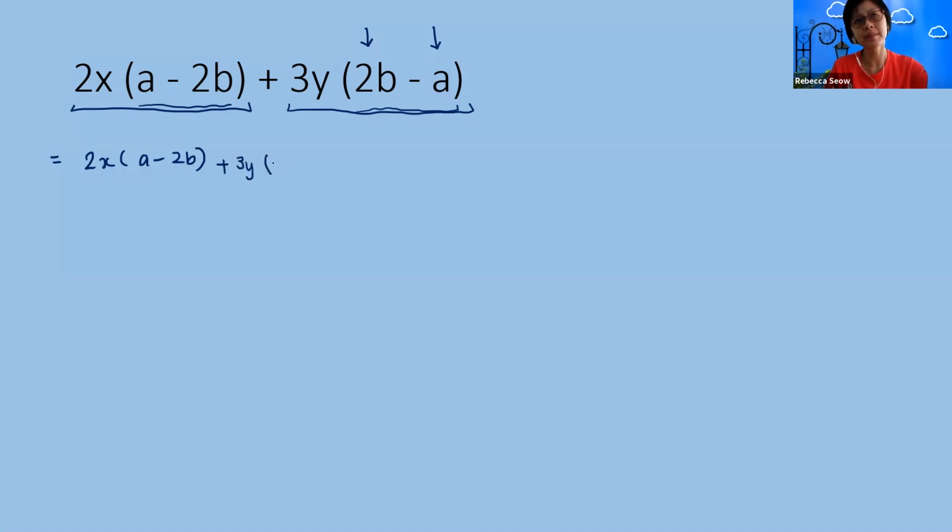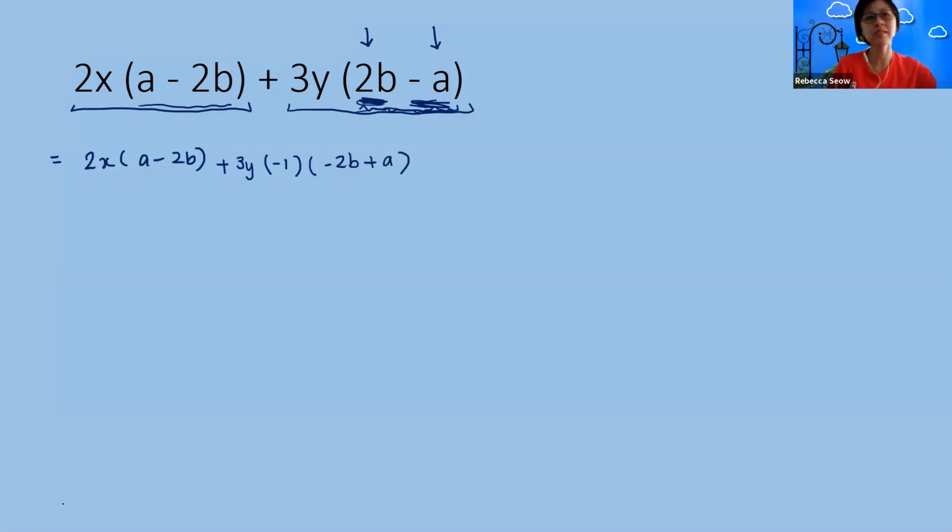I'm going to take out minus 1 from each of the terms in (2b - a). So to factorize minus 1 out of 2b, I take 2b divided by minus 1. What I will have is negative 2b. And for the second term, minus a, if I were to factorize out minus 1, means I have to take minus a divided by minus 1, and I will have plus a.